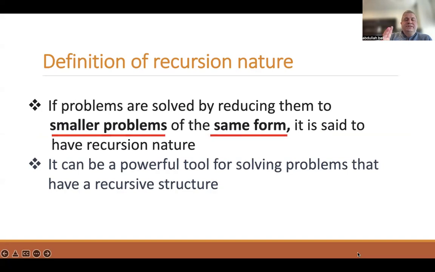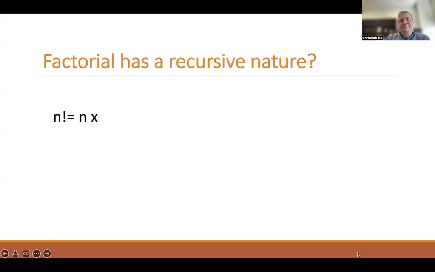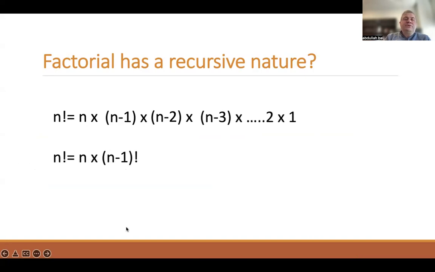For example, factorial. Yes, we can reduce the size of the problem from n factorial to n minus 1 factorial with the same form. So we can write a recursive algorithm for a factorial problem.